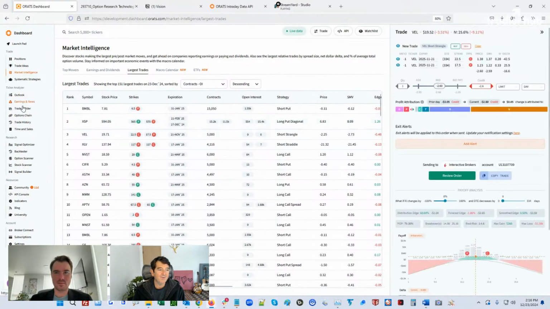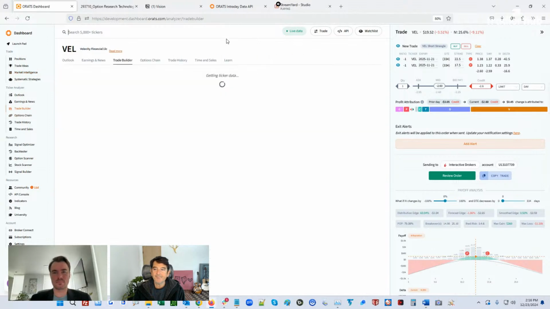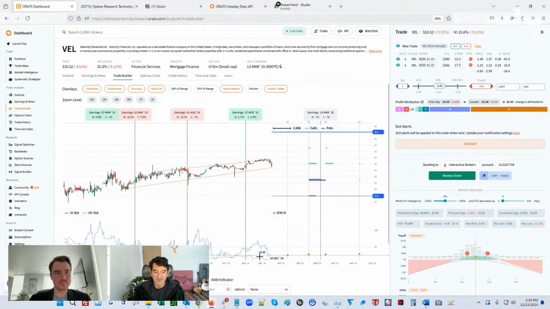Let's just take a look at this one. So VEL is Velocity Financial, real estate financial company. You could tell by kind of the look of this, it doesn't trade very much. And that seems like a cheap vol. I'd be more of a buyer of this, but it looks like there just aren't that many.